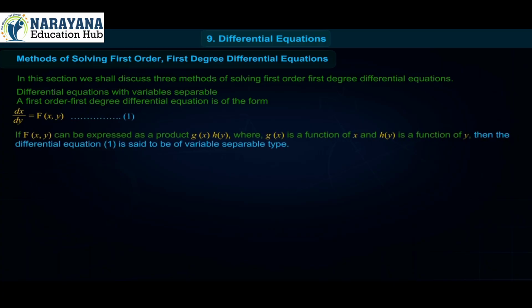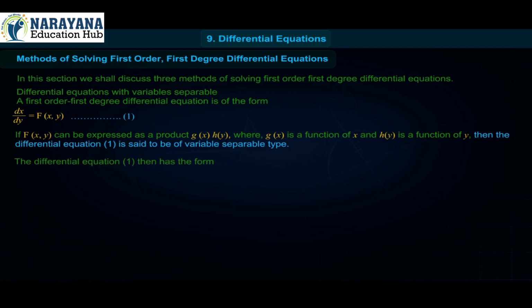Equation 1. If f of x, y can be expressed as a product g of x into h of y, where g of x is a function of x and h of y is a function of y, then the differential equation 1 is said to be of variable separable type.